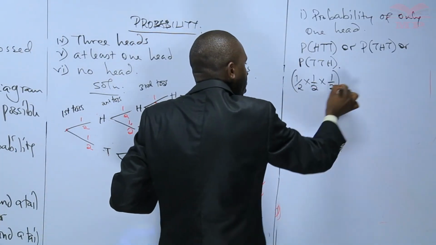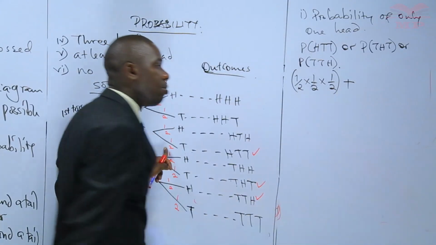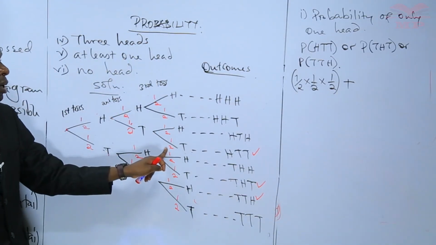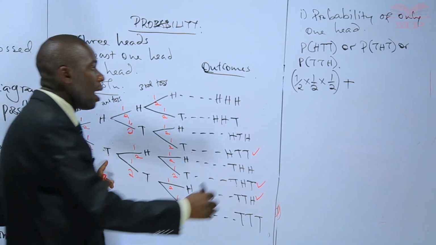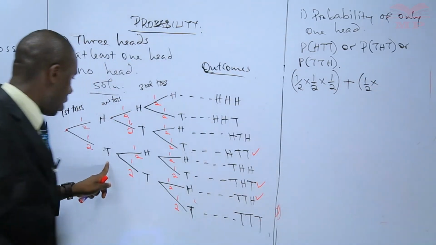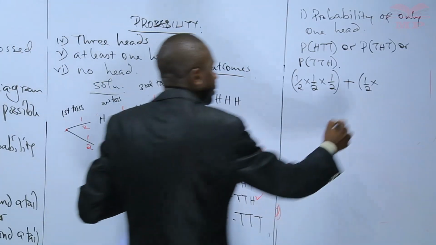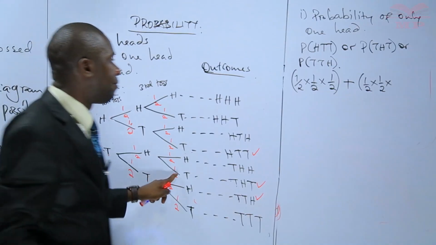Now, or means plus. Probability of tail, head, tail is this one. So tail is a half, times head, a half, times tail, a half.